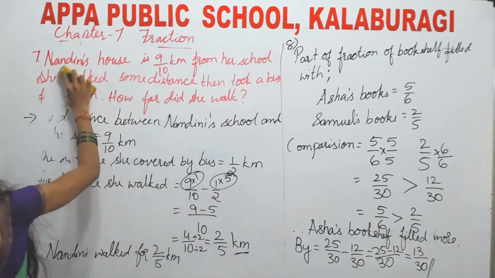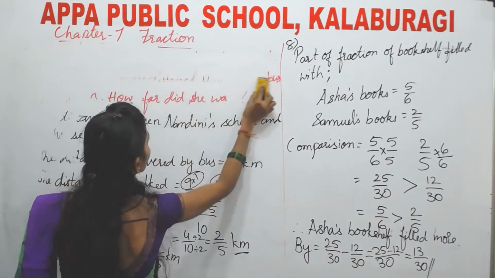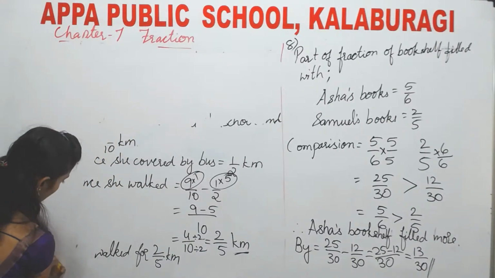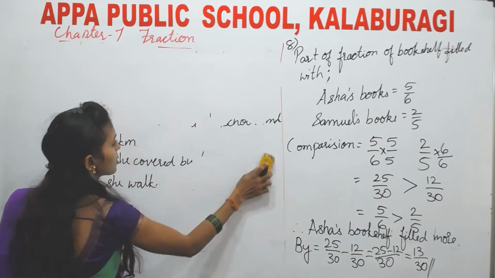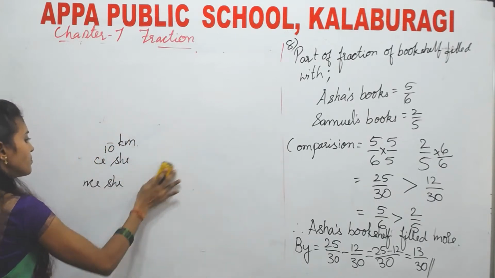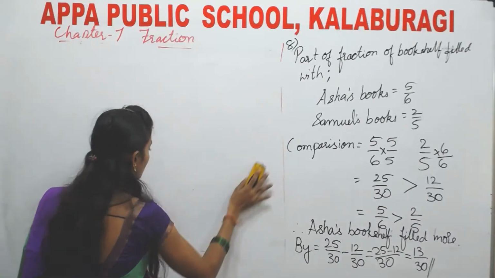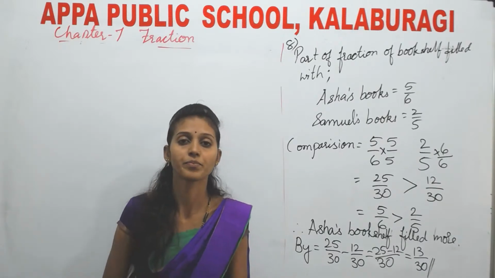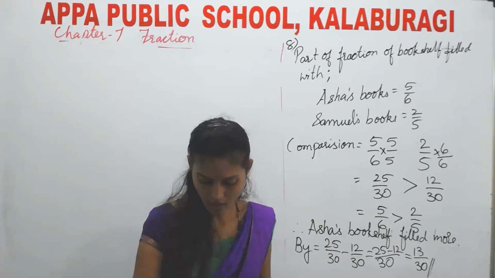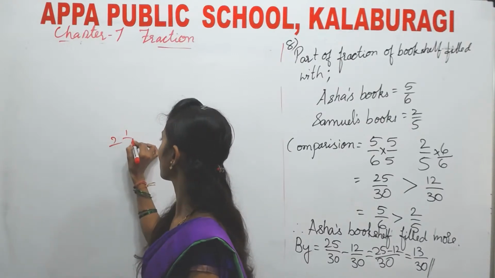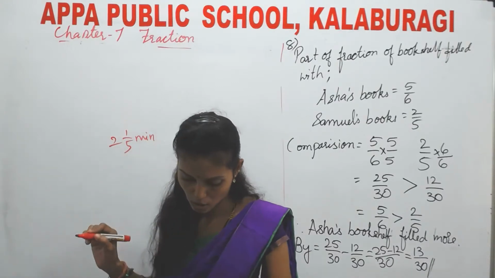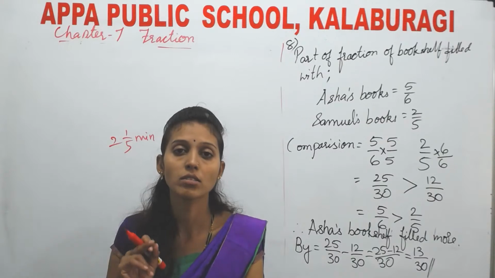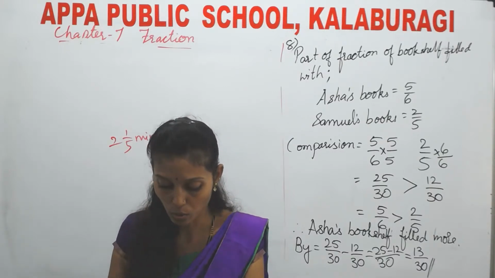Now, last question from this chapter. Jaidev takes 2 integer 1 by 5 minutes to walk across the school ground.